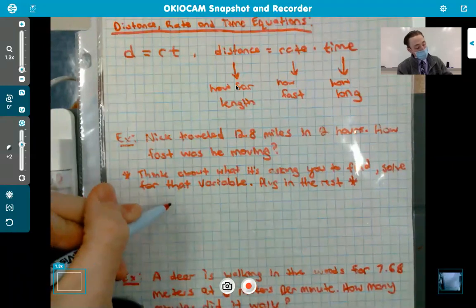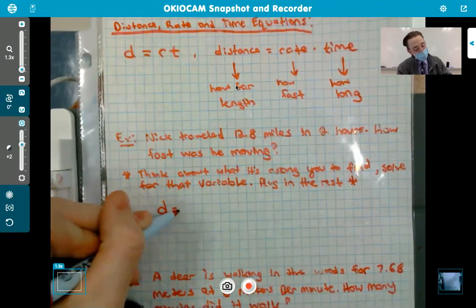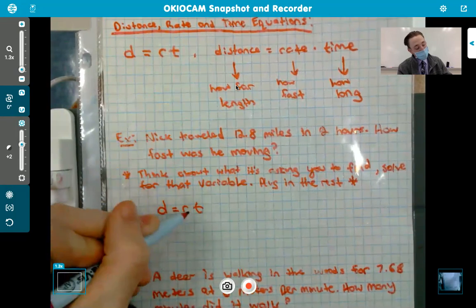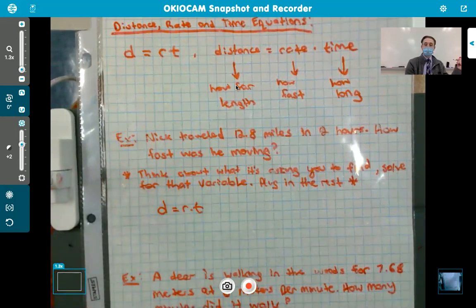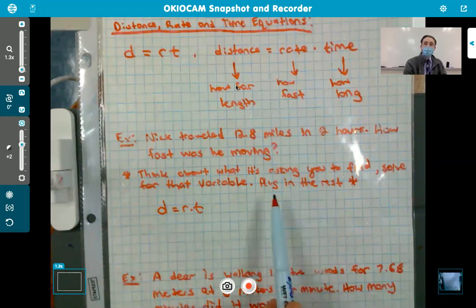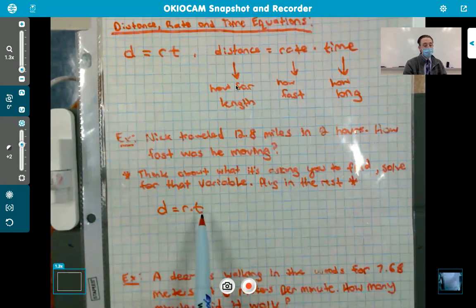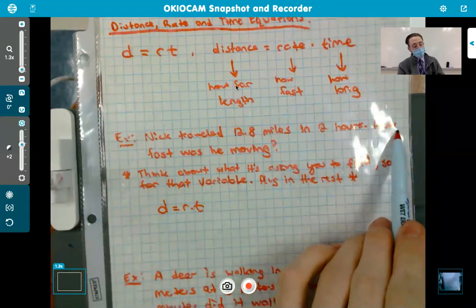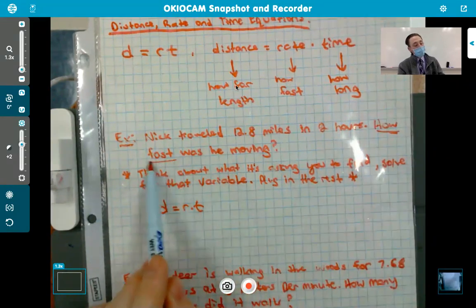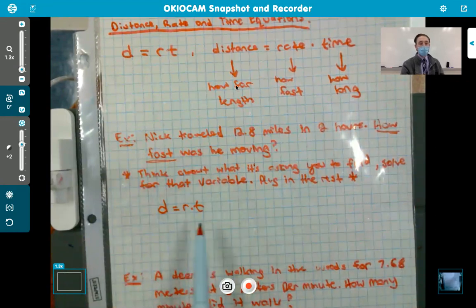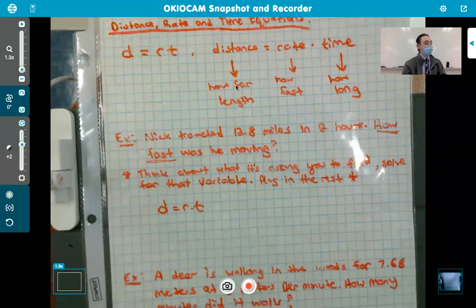So what we're going to do is we'll set up our equation, and our equation is not going to change, right? It's distance is equal to rate times time. Okay. And then what we're going to do is plug in the rest of the values for D, R, or T, right? So like I said, our unknown value is how fast. So we're going to leave the R alone because we know that that's our rate.